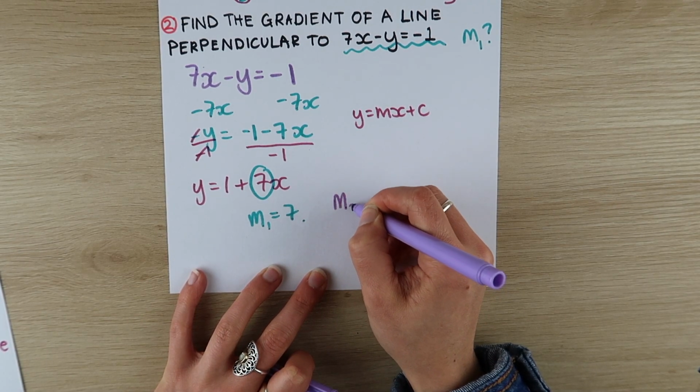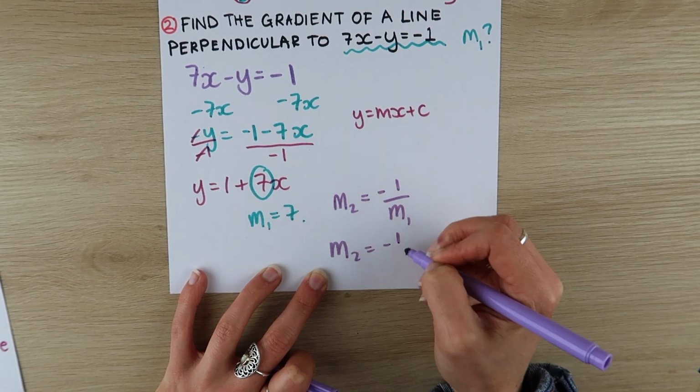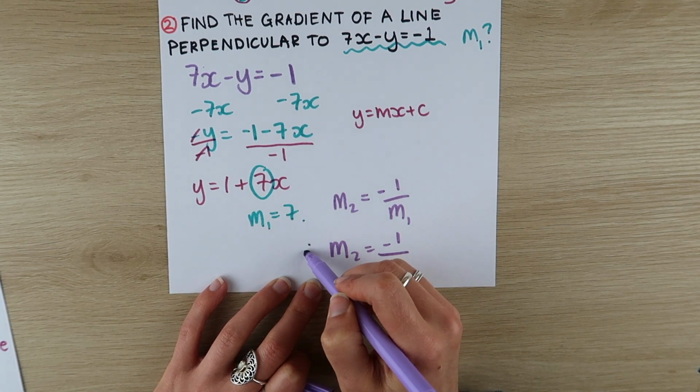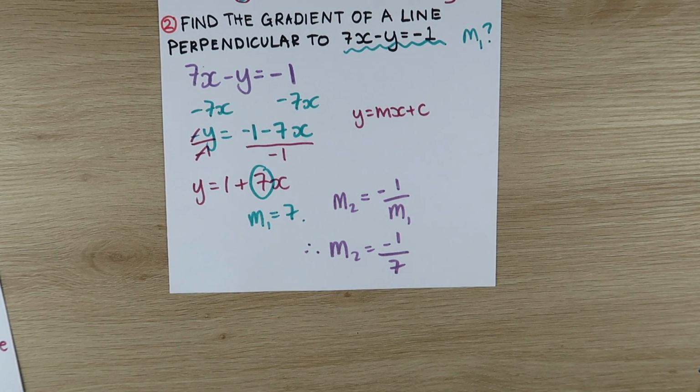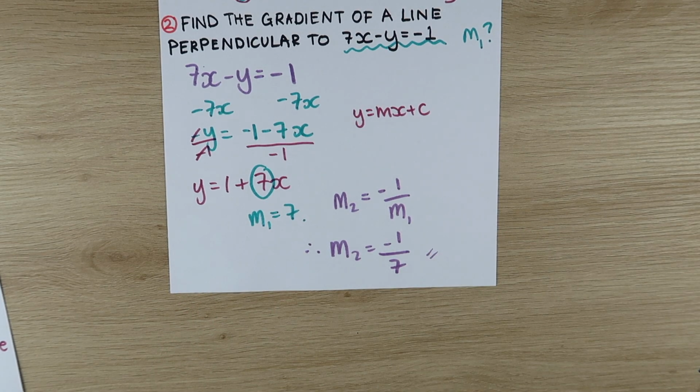So if m2 is equal to -1 over m1, and m1 is 7, m2 is equal to -1 over 7. And that is the gradient of my line that is perpendicular to 7x minus y equal to -1.